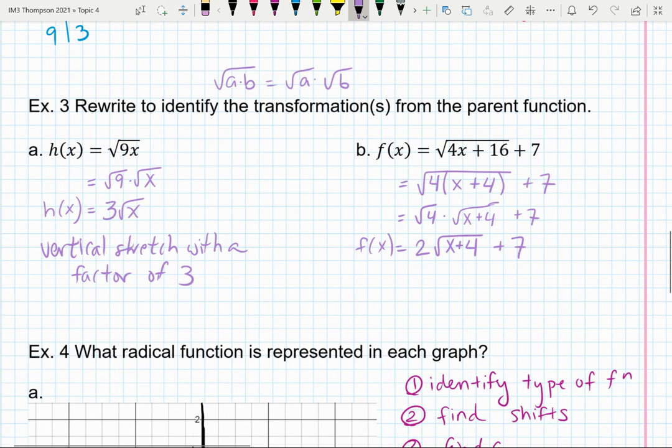And this time I have 3 transformations to describe. So the 2 in front is larger than 1, so that causes a vertical stretch.